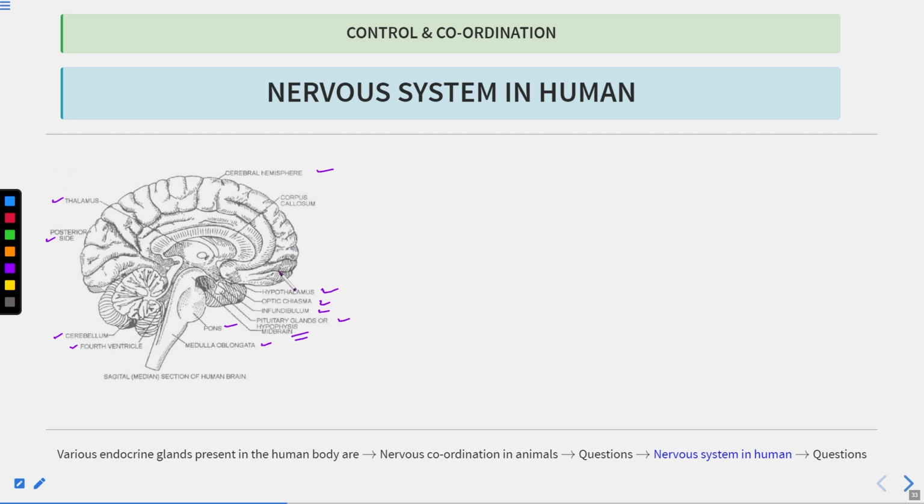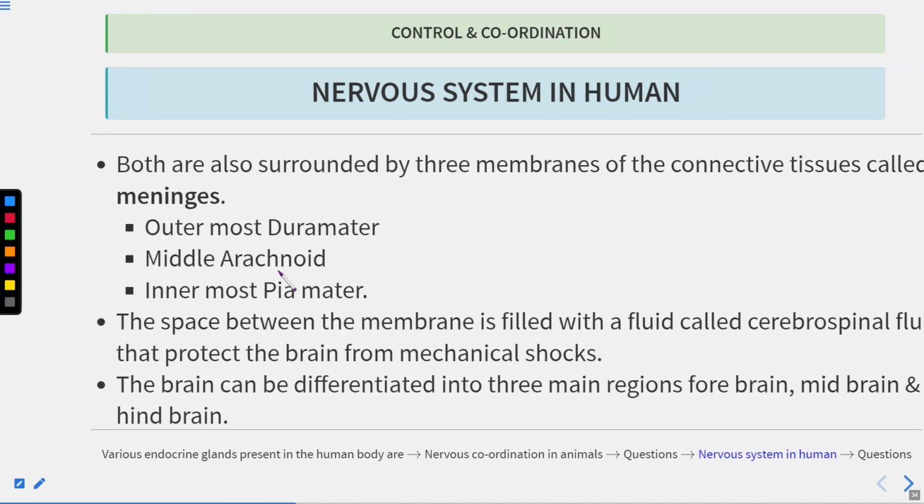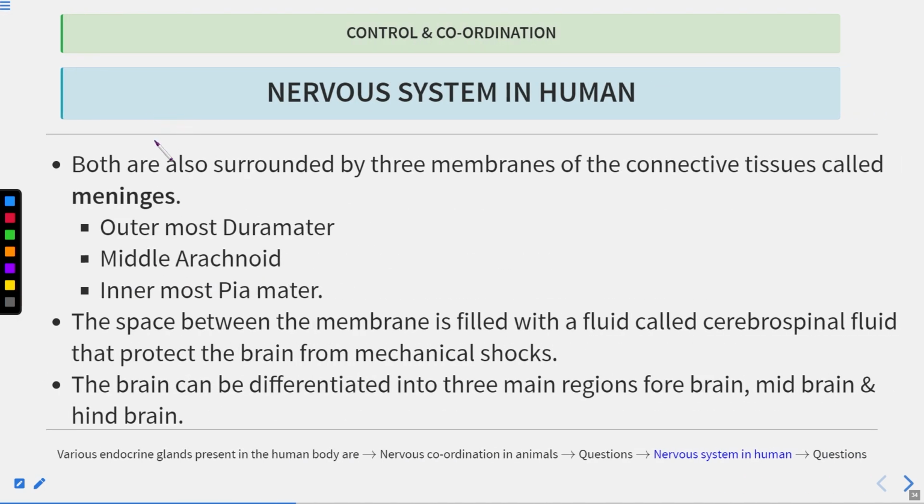Now both of these are surrounded by three membranes of connective tissue called the meninges. Clear? There are three kinds of meninges. The outermost layer is known as the dura mater, the middle is known as the arachnoid, and the innermost is known as the pia mater.